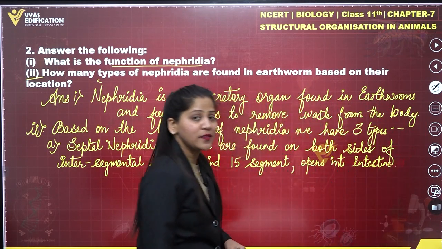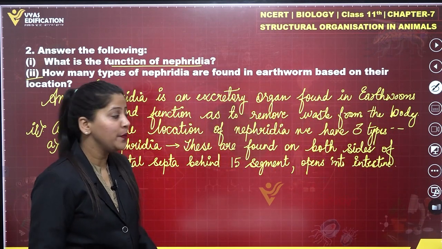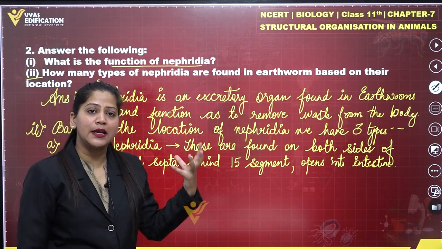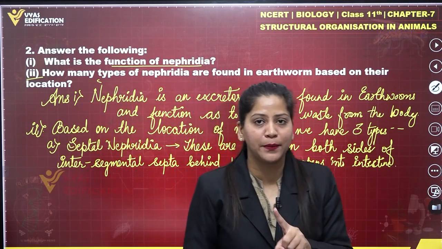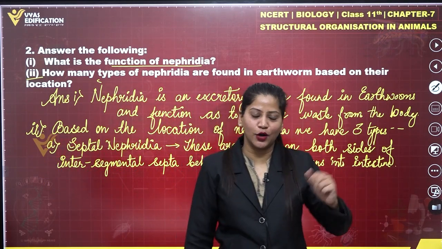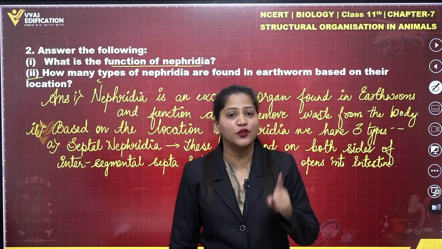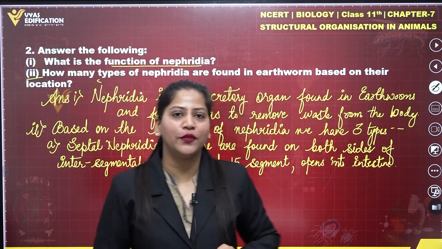Which nephridia opens into the intestine in earthworm? This septal nephridia is the nephridia present on both sides of intersegmental septa after the 15th segment in earthworm, and this is the nephridia which opens into the intestine of earthworm.